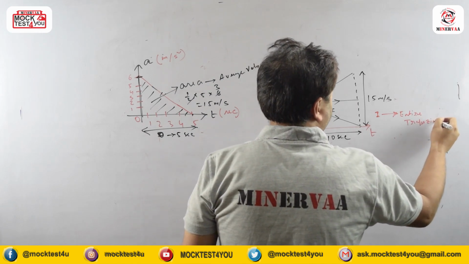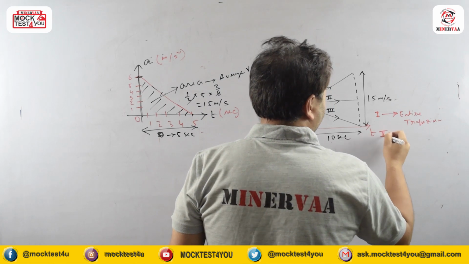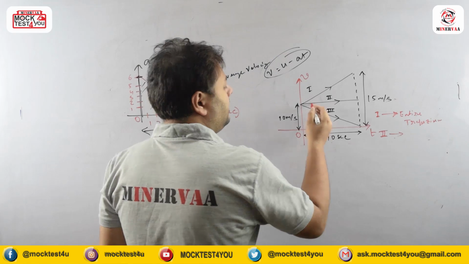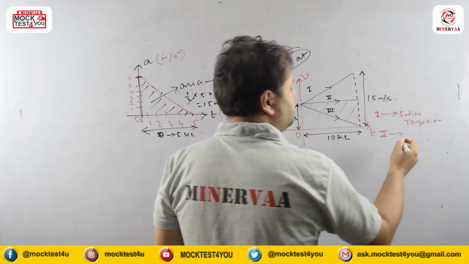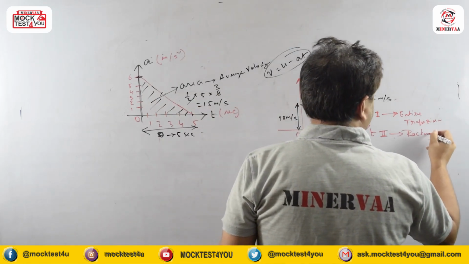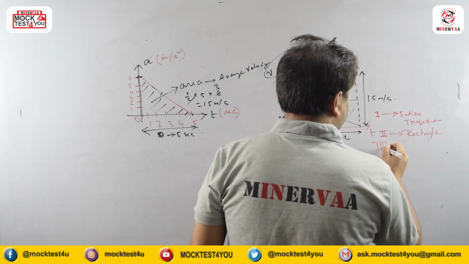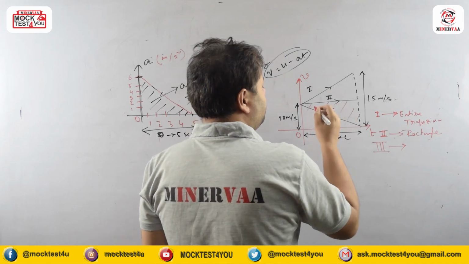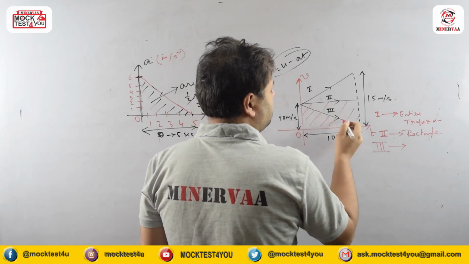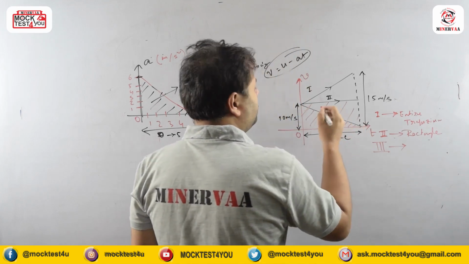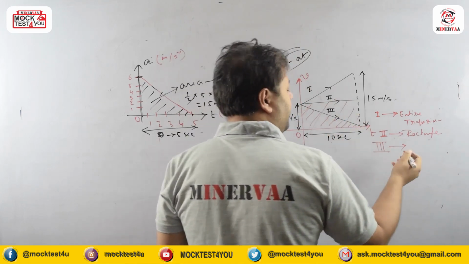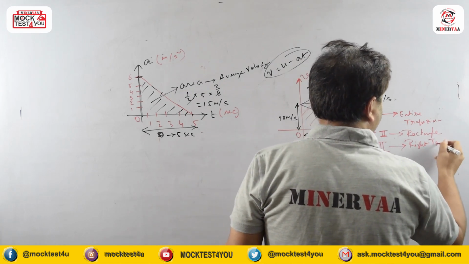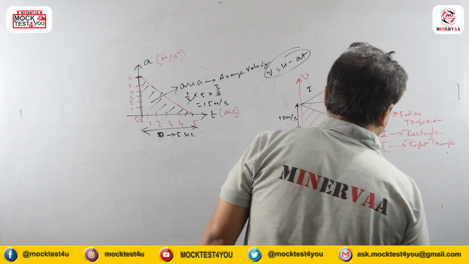For the second particle, it will be the rectangle. For the third particle, it has to be this right angled triangle. So the entire trapezium for the first, the rectangle for the second, and the right triangle for the third particle.